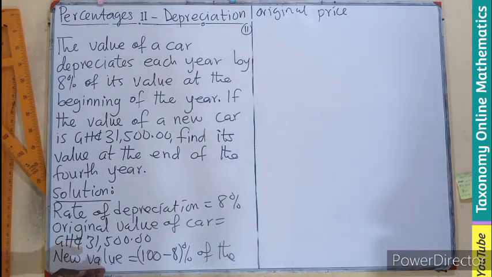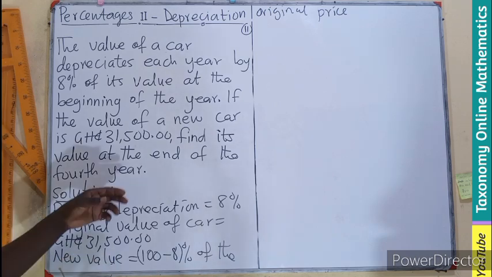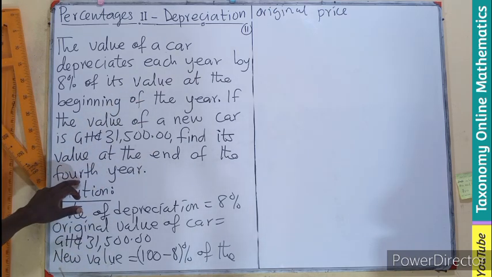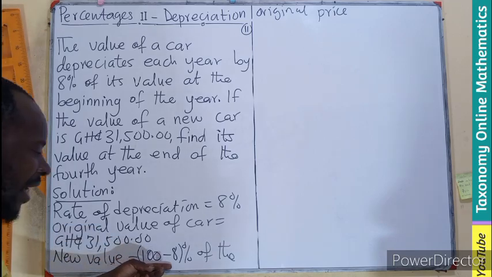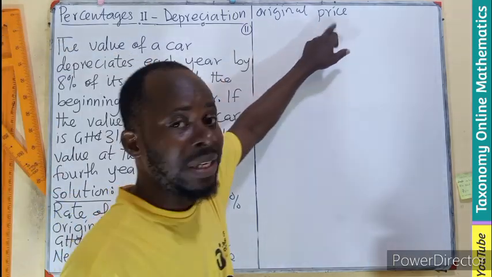So this new value we are looking for is representing all the years. There are 4 years that we are going to have. At the end of the 4 years, or the fourth year, we need to know the actual value. So this new value is just 92% of the original price.